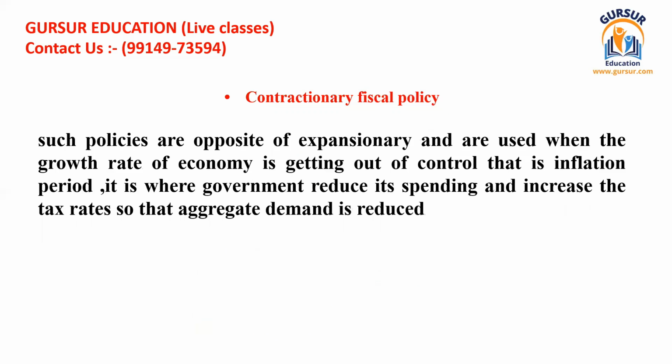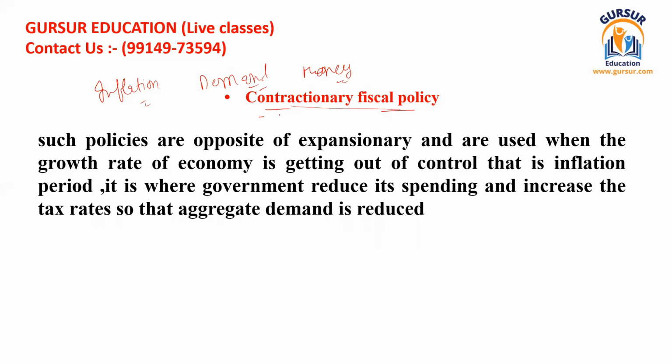The next one is a contractionary fiscal policy. When everything is working well, but the inflation is rising. Inflation is rising just because the demand for products is rising. And why does the demand rise? Only because people have more money to spend. In that case, what does the government do?